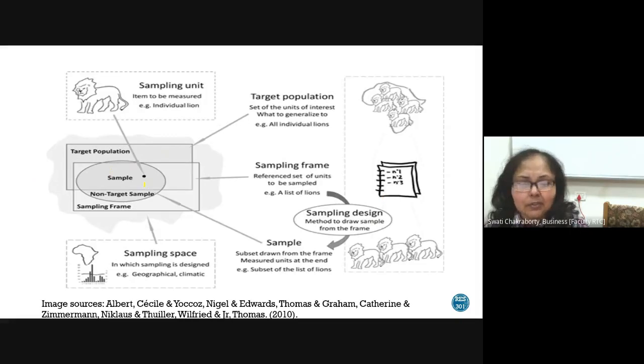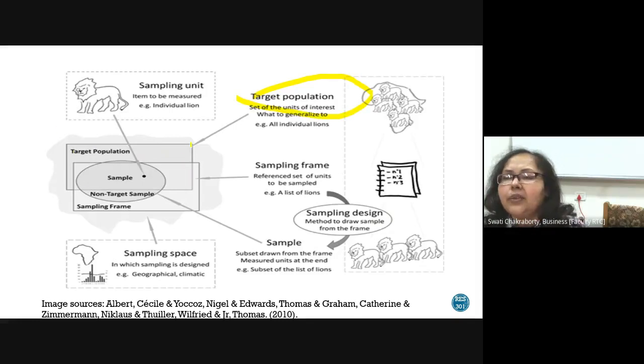These are some of the terminologies. First we start with the target population, which is the set of units of interest that we want to generalize to all individuals. Then comes your sampling unit, that is the items to be measured, the individuals.